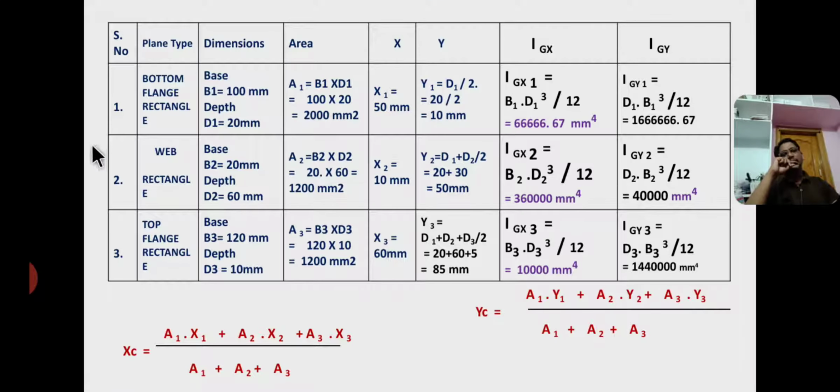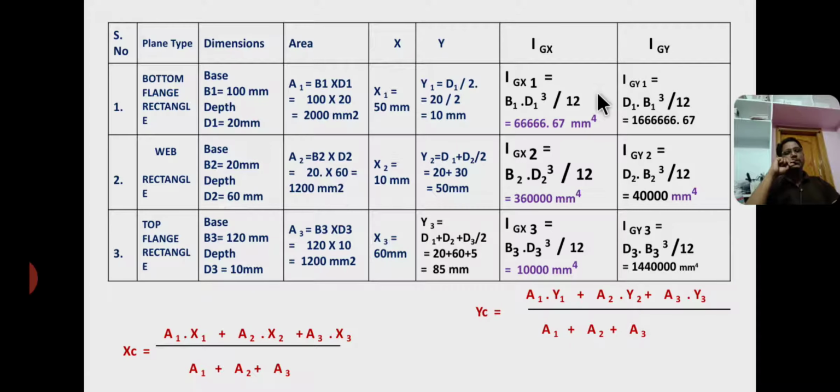So these are the section numbers, these are the section names, that is the bottom rectangle, middle rectangle, and top rectangle. These are the dimensions, and these are the areas, individual areas, and x and y values are individual centroids, where IGX, IGY are the area moment of inertia about the centroidal axis, where IGX refers to the area moment of inertia about the centroidal x-axis, whereas IGY refers to the area moment of inertia about the centroidal y-axis.